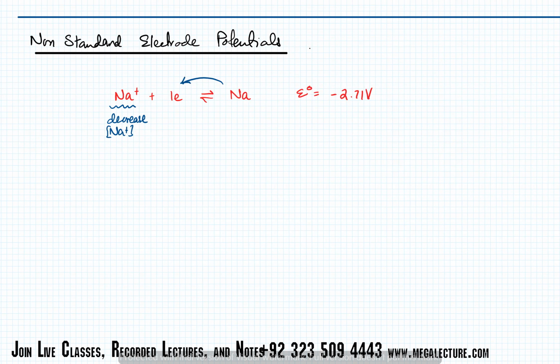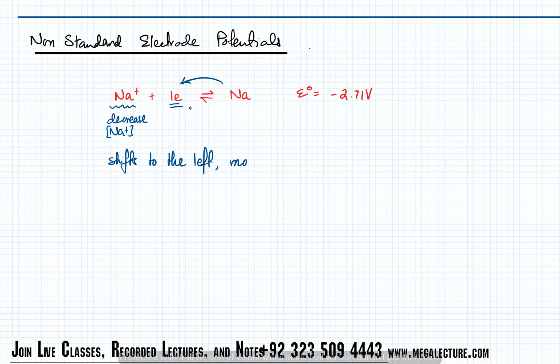अब if it shifts to the left, right? So on the electrode, will more electrons get produced or less electrons get produced? More electrons. ठीक है, तो when the whole equilibrium shifts to the left, it's going to produce a lot more electrons.